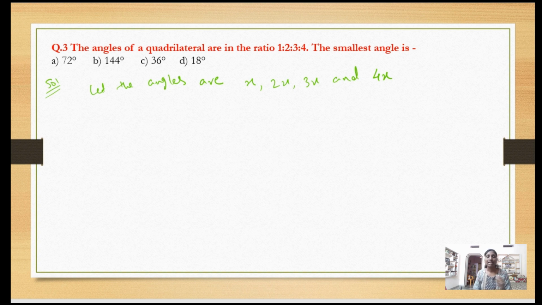The smallest angle is. So here we need to apply only one formula. What is that? The sum of all the angles of a quadrilateral is 360 degree. We know that. So use that here. So suppose this question is given in a 2 marker, then we have to write in detail.